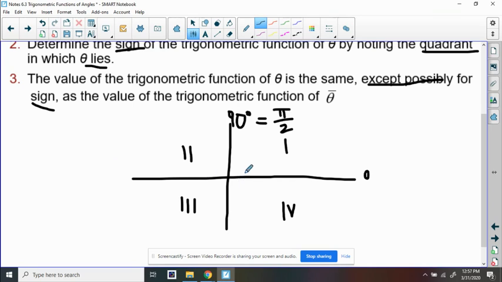Then if you go a semicircle, 180 degrees, this is pi. If you have pi radians, you just went 180 degrees. Then over here, we have 270 degrees, and again, you should remember that this is the same as 3 pi over 2.